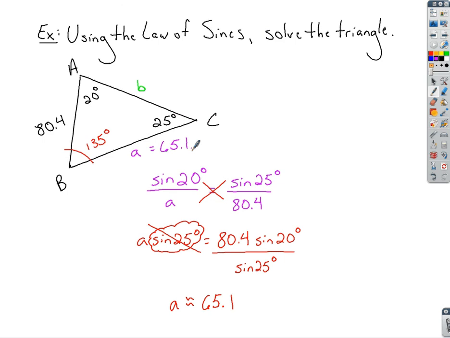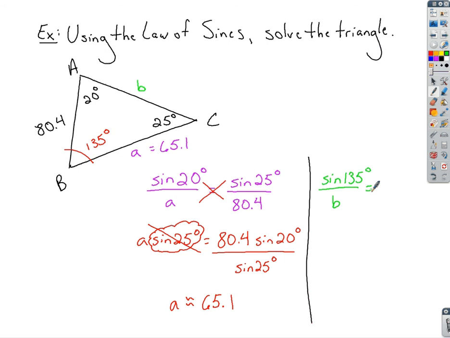So if that makes any kind of sense, now as we go through and set up how to figure out B, we'll start with the angle that is opposite B. The angle that is opposite B is 135. I'm going to take the sine of 135. I'm going to put that over my measure of b.